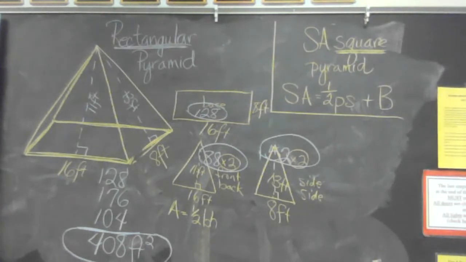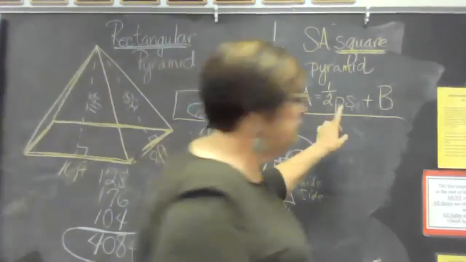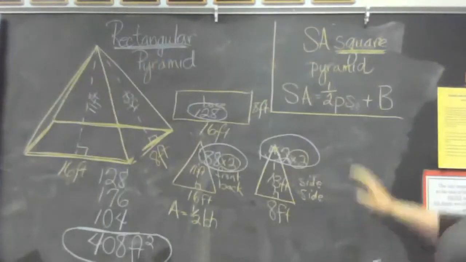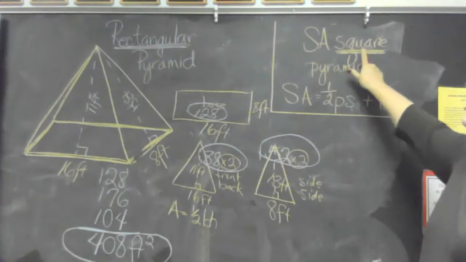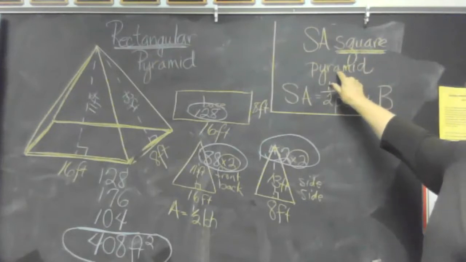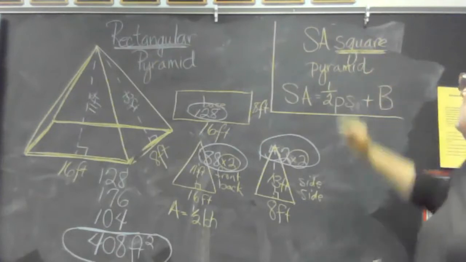So understand the difference. I want to make it clear because I made a mistake when I spoke at the end of yesterday's video. This formula that I gave you yesterday is just fine to use to find the surface area of a square pyramid, meaning that a square is the base.